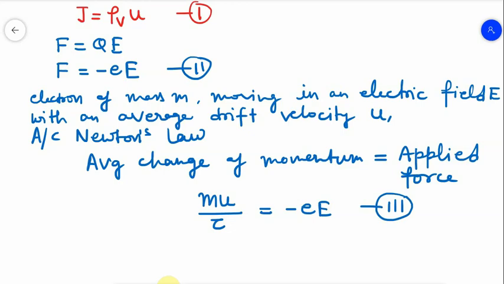Now from here u will be minus e E tau upon m, and put it as equation 4.